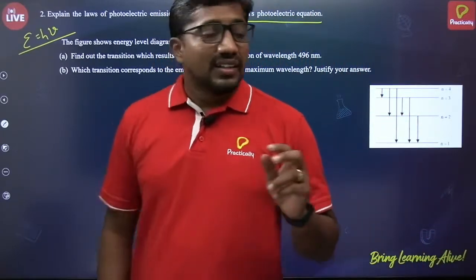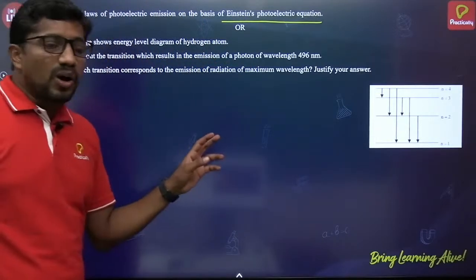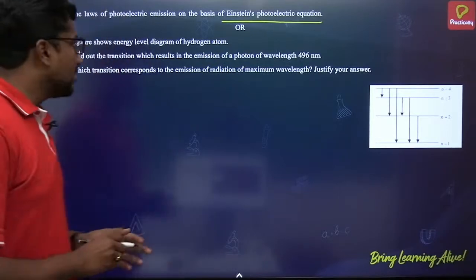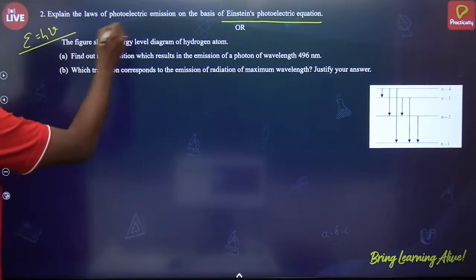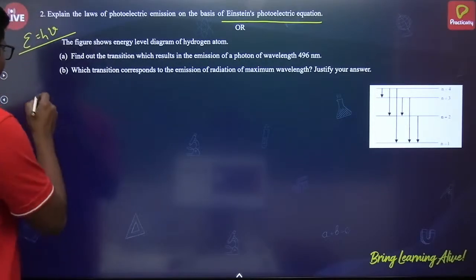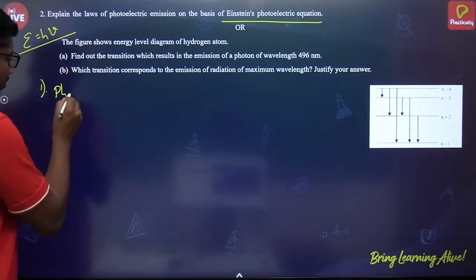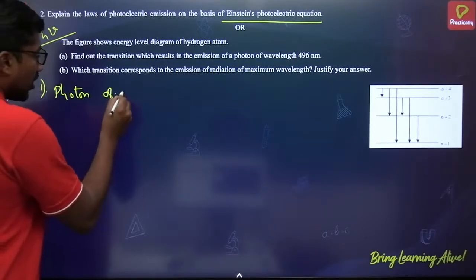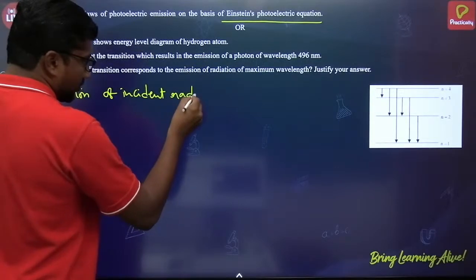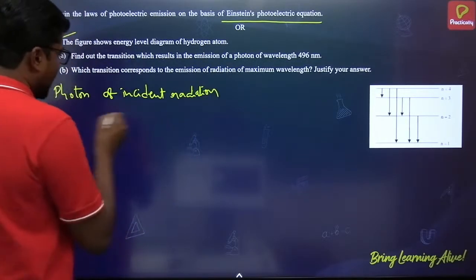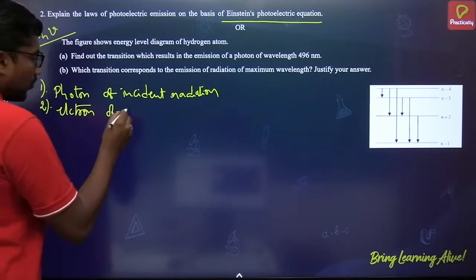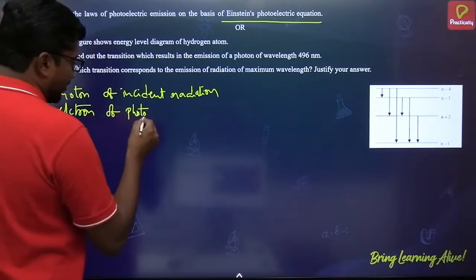The second one is the electron of the photosensitive metal plate.